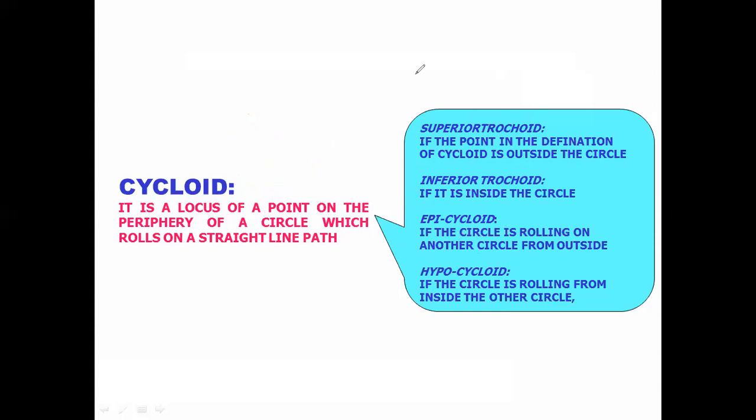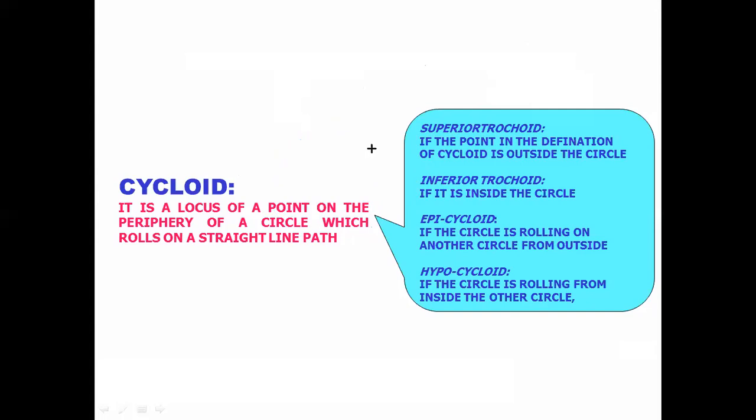If one circle is here, for example, and another is like this, one circle is rotating on another circle from outside, then it is an epicycloid. If it is from inside like this, then it is forming a hypocycloid. Right? You need not get confused about this anytime.